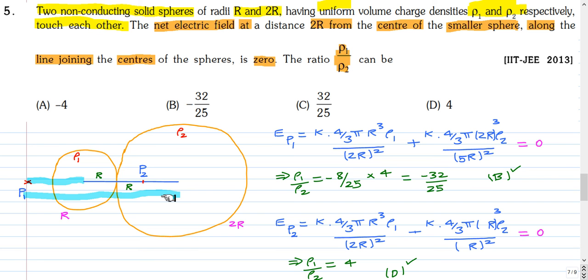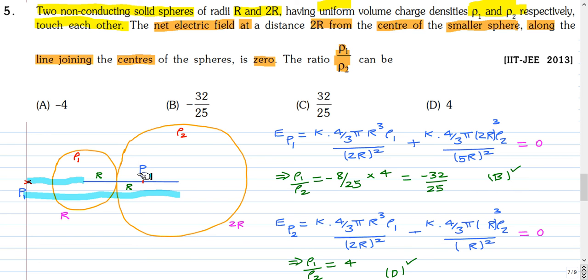This distance is 5r: the radius is 2r, the diameter of the small sphere is 2r, and this distance is r. So the total is 5r, so 5r square. This electric field should be equal to 0. Most of the things will cancel, so we get ρ1 by ρ2 as minus 8 by 25 into 4, that's minus 32 by 25. So option B is true.